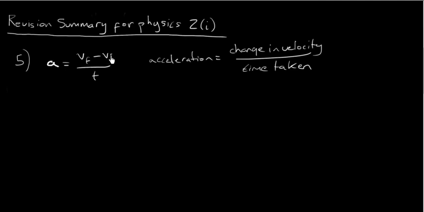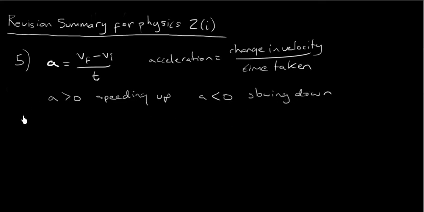So if the initial one is bigger than the final, and you subtract a bigger number from what you have at the beginning, you will have an acceleration that is negative, since time is always going to be positive. Okay, so you can have an acceleration that's bigger than 0 or positive, which means speeding up, or you can have an acceleration that's negative, and this means slowing down. You can also call this deceleration.